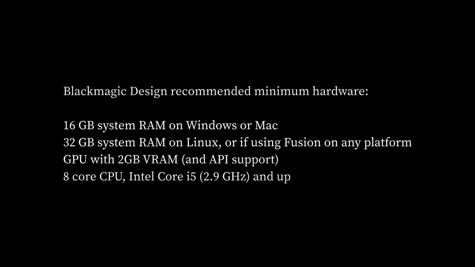Secondly, you need a graphics card, a GPU, with at least 2 gig of onboard RAM, which is called video RAM. And for your processor, an 8-core CPU. And the minimum that I think is recommended in any of their particular hardware setups is an Intel Core i5 running at 2.9 gigahertz. So it's hard to avoid getting into numbers and facts and figures, but this is as complex as I'm going to get in this particular video.